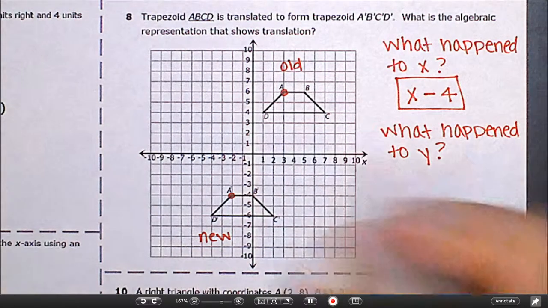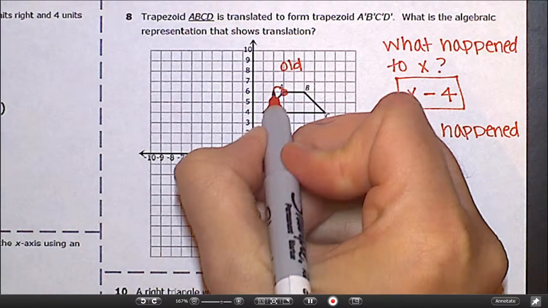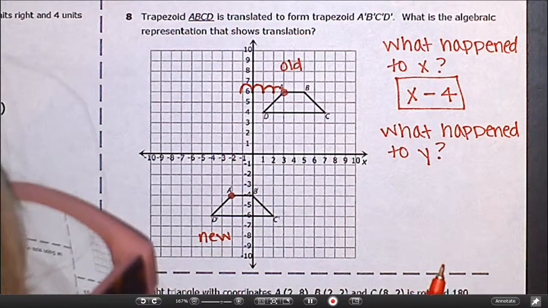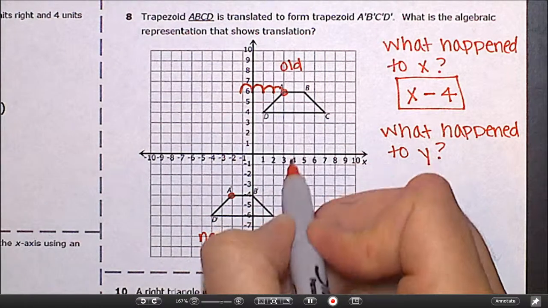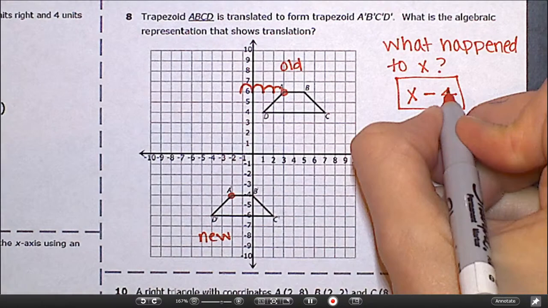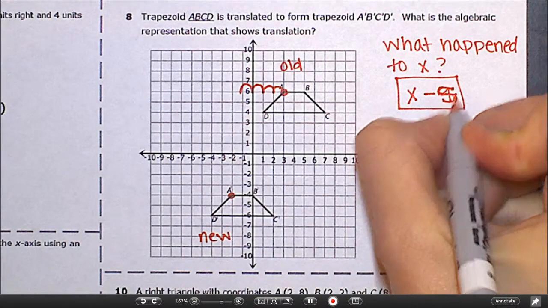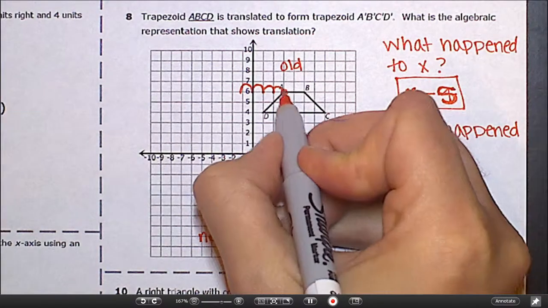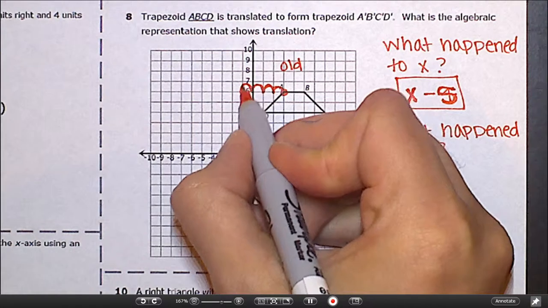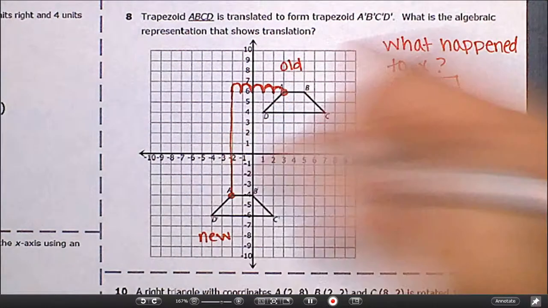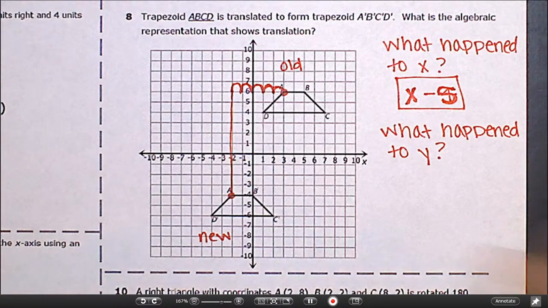But let's test that and see. 1, 2, 3, 4. Whoops. Hold on. See, it's a good thing I tested this. From 3 to -2, it's actually x minus 5. I could have easily missed that. I'm so glad we tested it. Okay, so 1, 2, 3, 4, 5 gets us to -2. So x minus 5, that's what's happening to x.